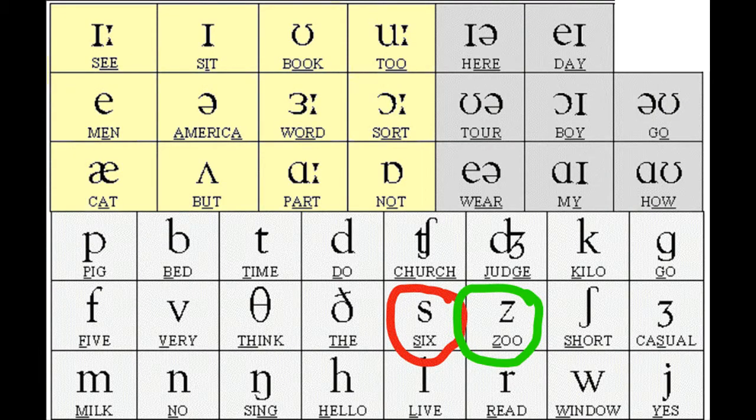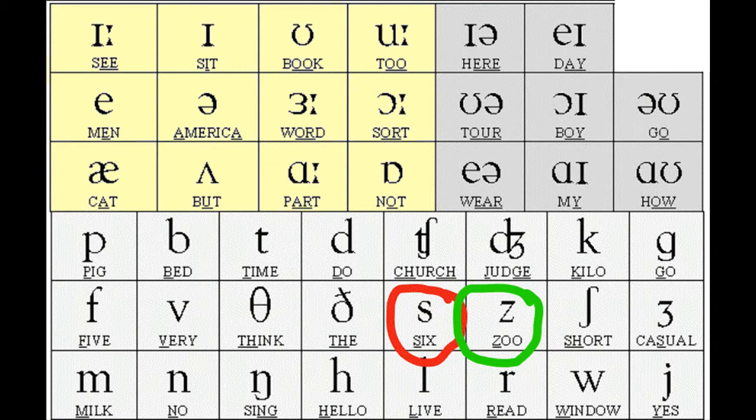So in order to make these distinctions, we're going to begin by selecting all of the sounds that are associated with the letter S. Now I say associated because, as we know, the sound and the letter don't always coincide. So let's refer back to our chart. So I'm going to highlight the sounds using red for unvoiced sounds and green for voiced sounds.